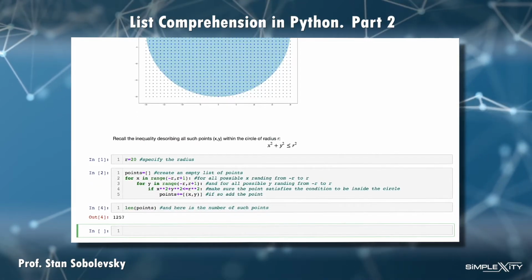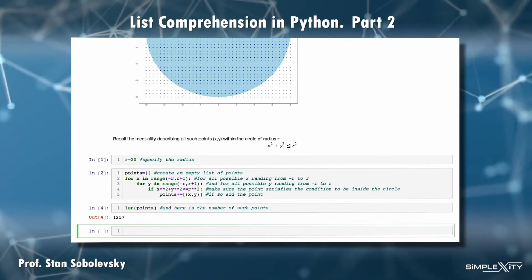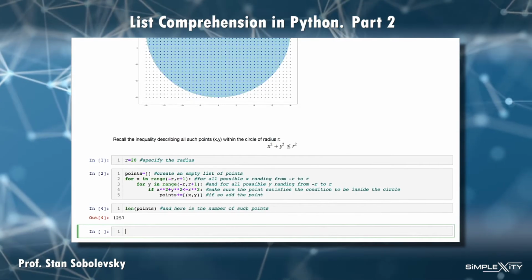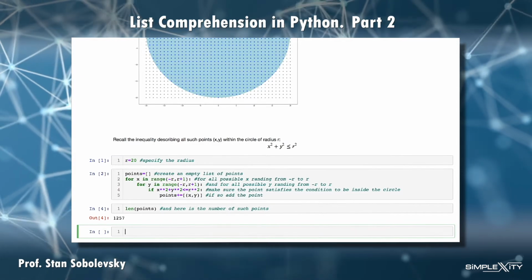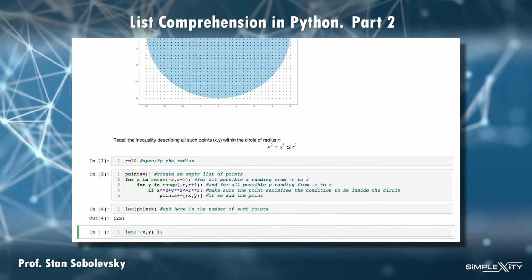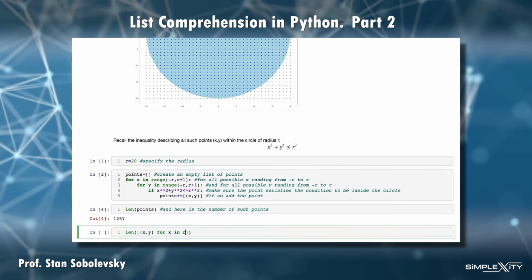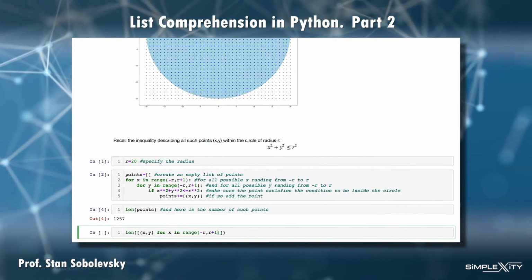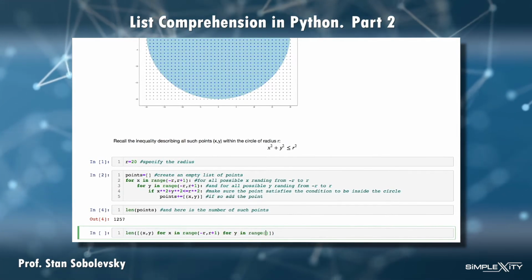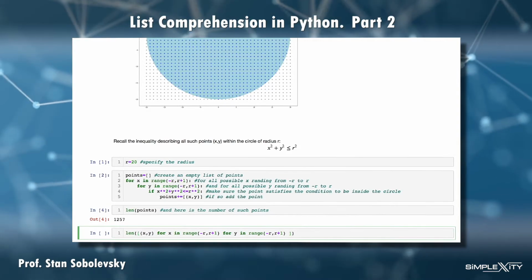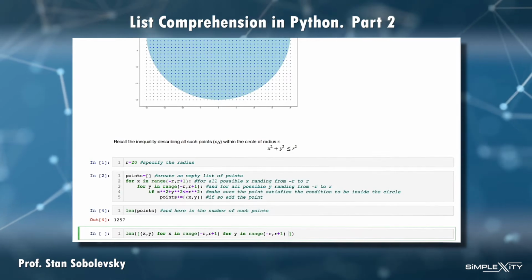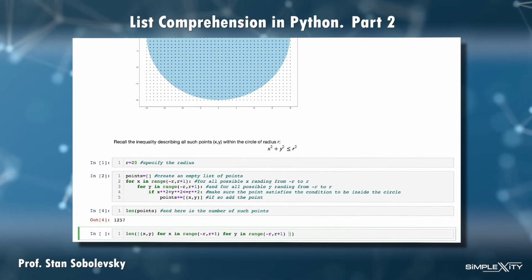Let's actually get to the point of the video, doing the same thing in just one single line of code using a list comprehension syntax. So what I want is to find the length of the list, which consists of tuples xy for x ranging between minus r and r, for y ranging within the same range, and now for each tuple xy like that, we only include it in the list if it satisfies the following condition.